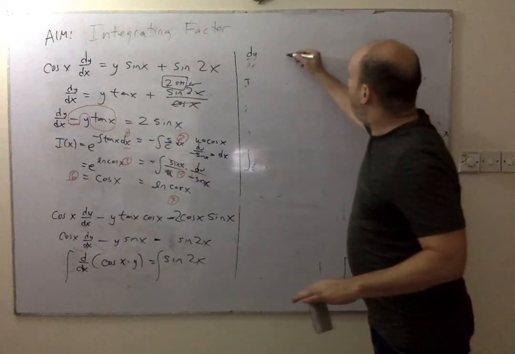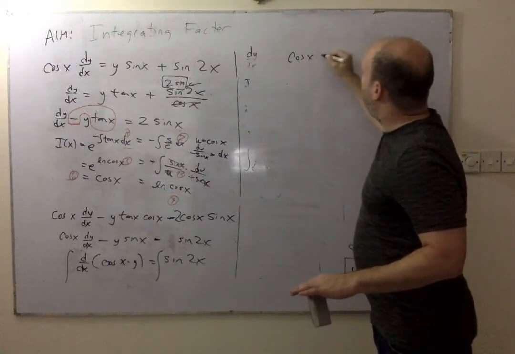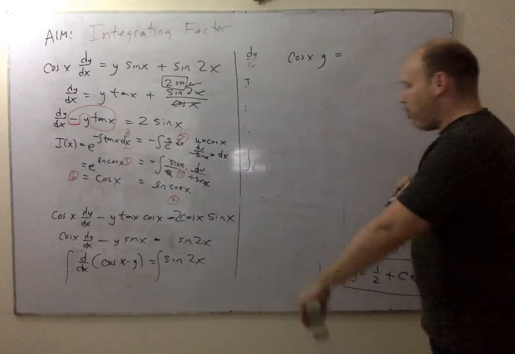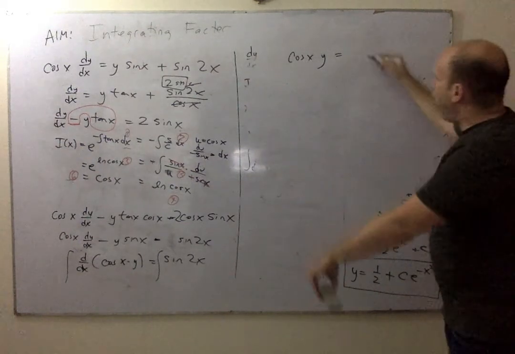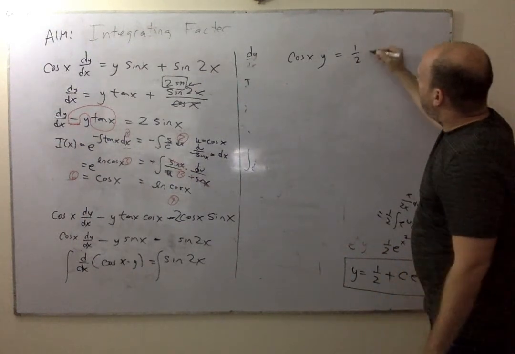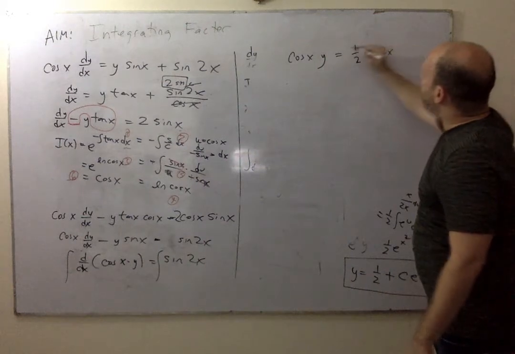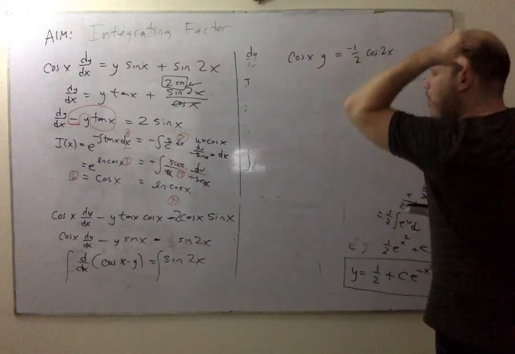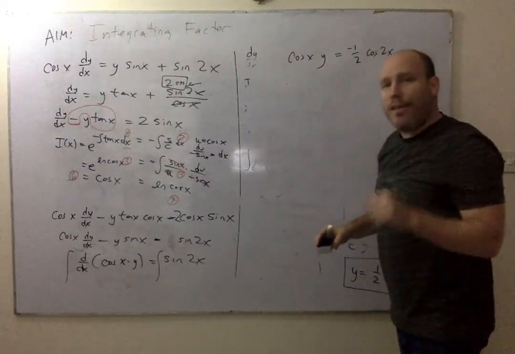So we have cosine of x times y is equal to, well, we know it's 1/2 cosine of 2x, but it's negative because remember the integral of sine goes to negative cosine.